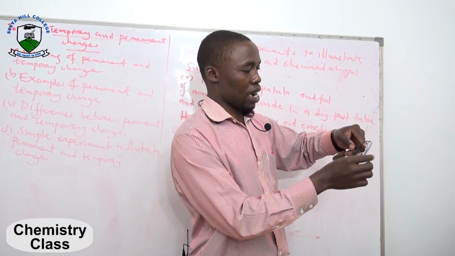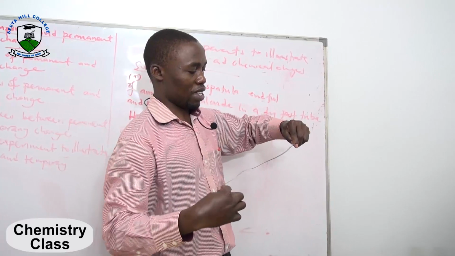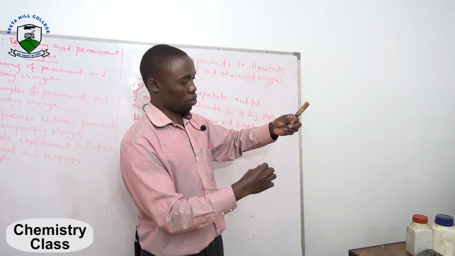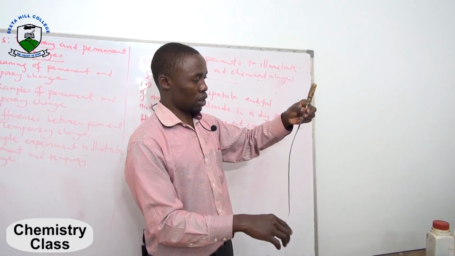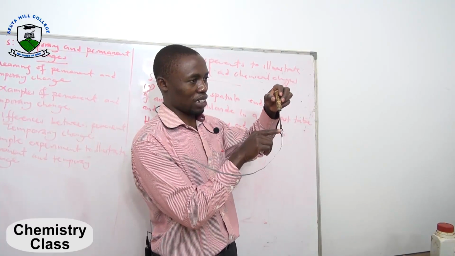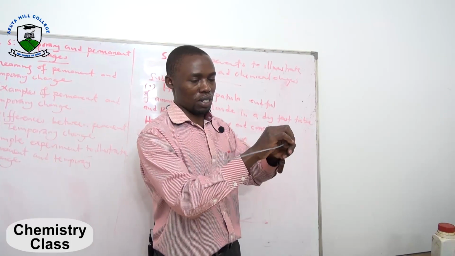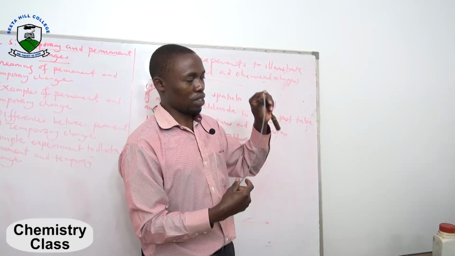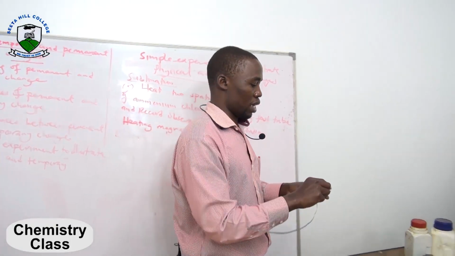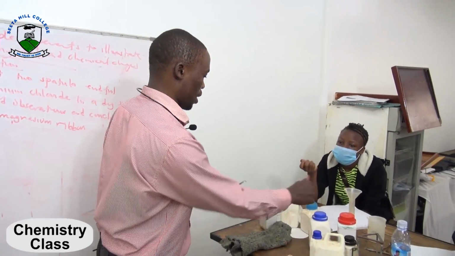The best apparatus that we could hold it with here is a pair of forceps or a pair of tongs. But this can be an improvisation for this. Now we cut a small piece of the gray metal. It's gray, as we can see, holding it on a pair of tongs. Then we heat it on a Bunsen flame.